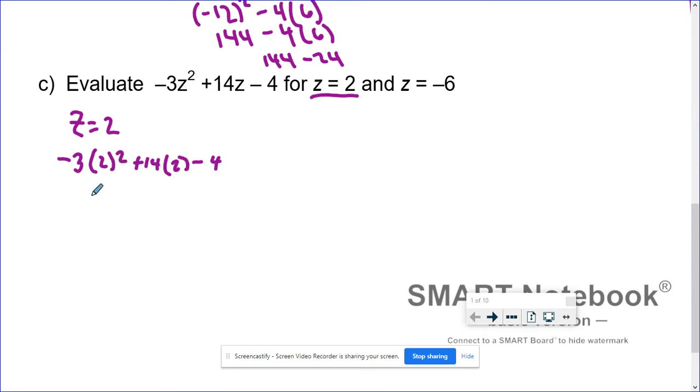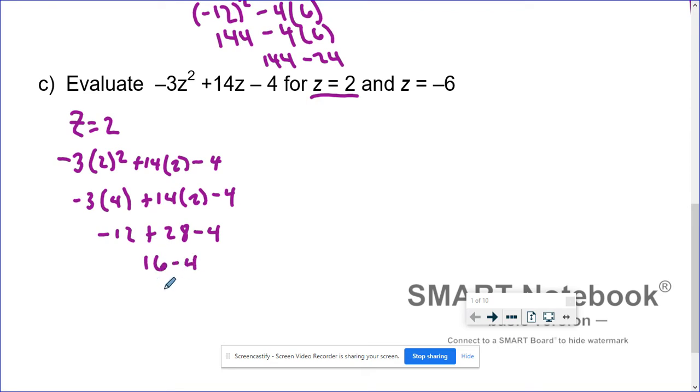Again, exponents first. Then multiplication, so that'll be -12. That would be 28. Now we can add. Then we can subtract.